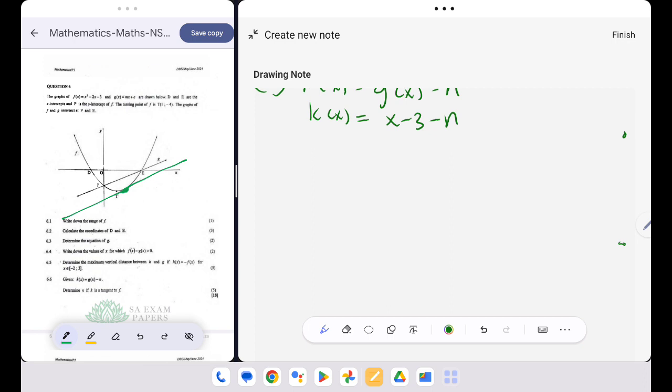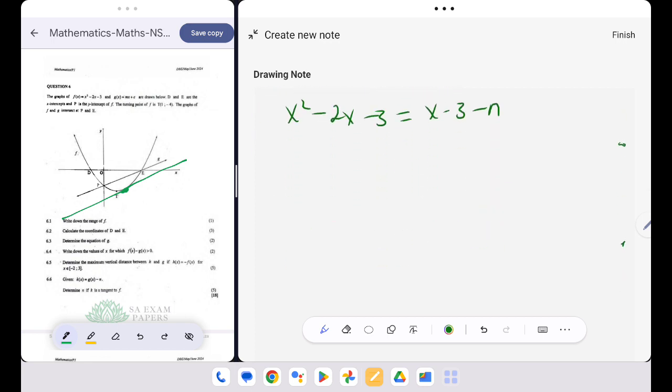For us to find the values of n, we must first find the equation of the intersection between the two functions, and then make delta for the intersection equal to 0. How can you find the intersection? We'll say f of x is equal to k of x. Our f of x, x squared minus 2x minus 3, is equal to x minus 3 minus n.